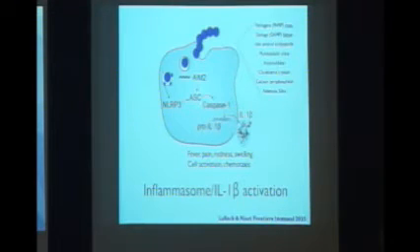And this is a platform for the activation of caspase-1, which cleaves the inactive cytokine pro-IL-1 beta into the active cytokine called IL-1 beta. So in the literature, until this paper, IL-1 equals inflammasome, inflammasome equals IL-1.